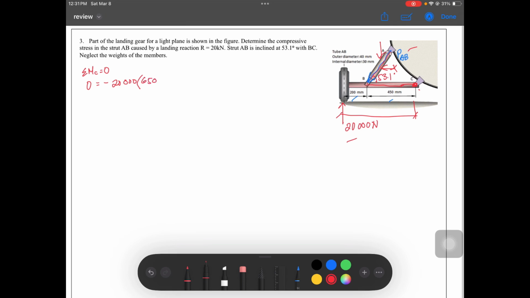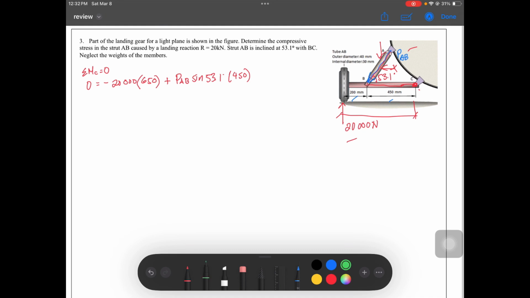So, 650 mm. So, next force natin is PAB. Yung vertical component lang niya. And it is counterclockwise. So, positive PAB. And then, sine 53.1 ang angle niya. Ano ang moment arm? It is 450 from point C. So, wala na, no? Kasi neglect the weights of the member.